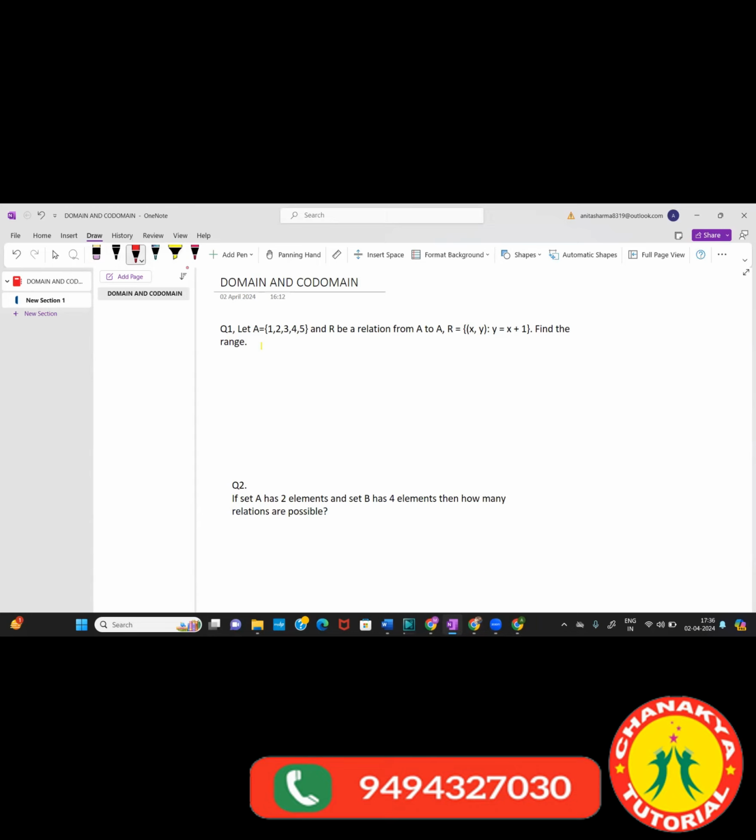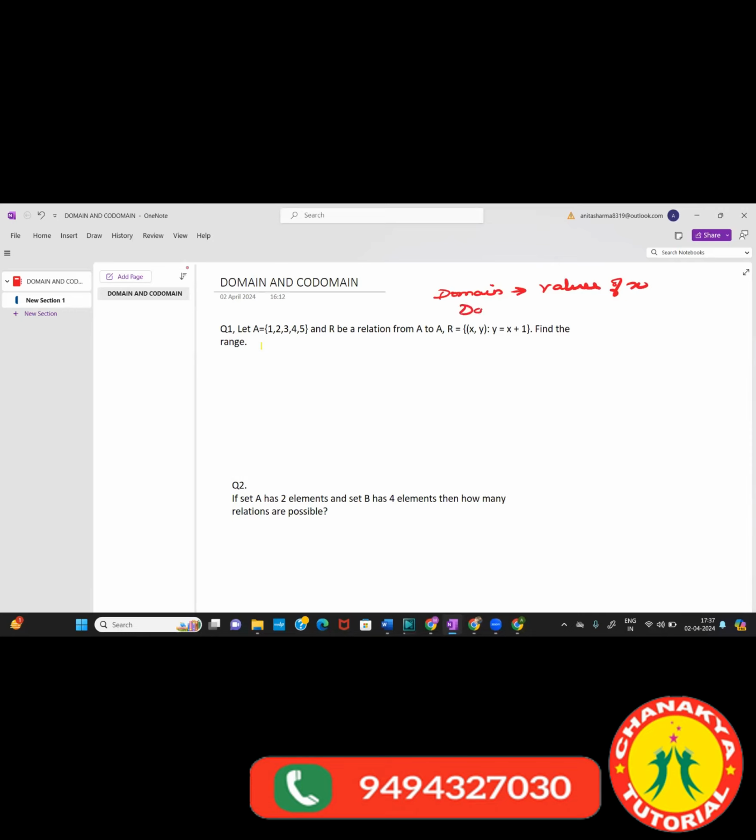See, I have told you that domain is values of x, beta, values of x-axis in the relation. Or you can say domain of R. Domain of R is equal to x such that x belongs to A, where (x, y) belongs to R for some y belongs to B. This thing I have told you yesterday.